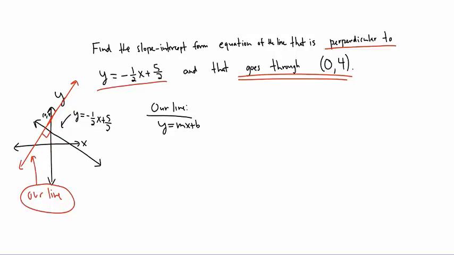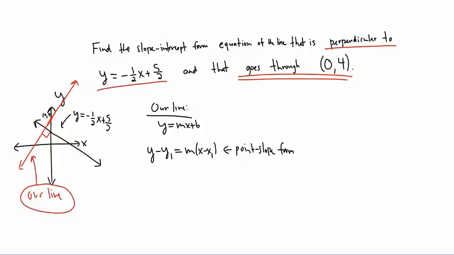This time, let's find the slope-intercept form by starting with the point-slope form. So to come up with an equation in point-slope form, you need a point and the slope.